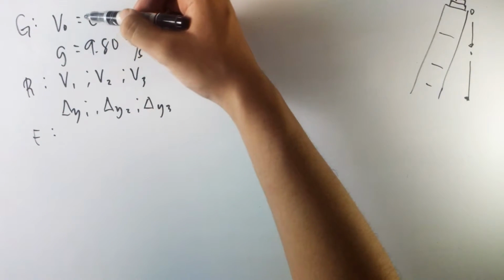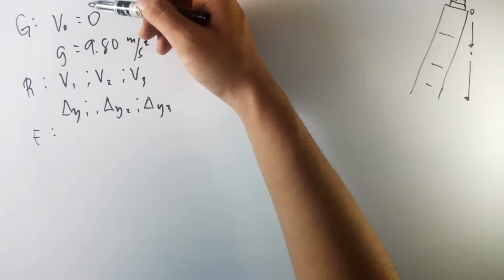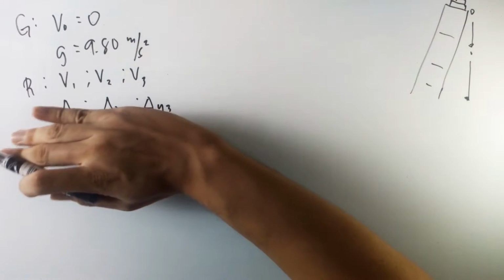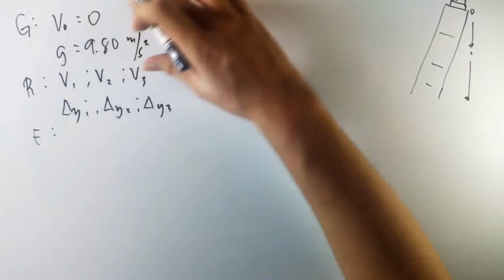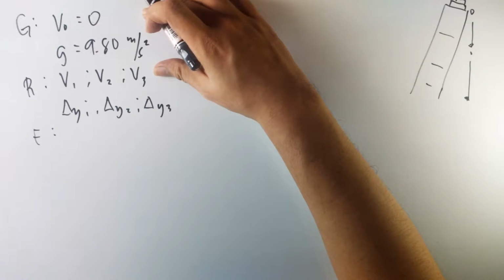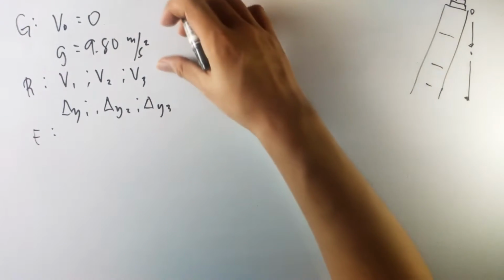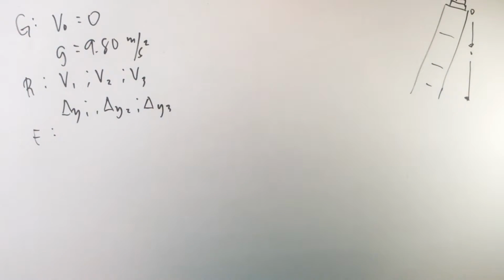Look at the things that you need. First let's focus on this. Don't focus on this one yet. So we have v, g, and final velocity.